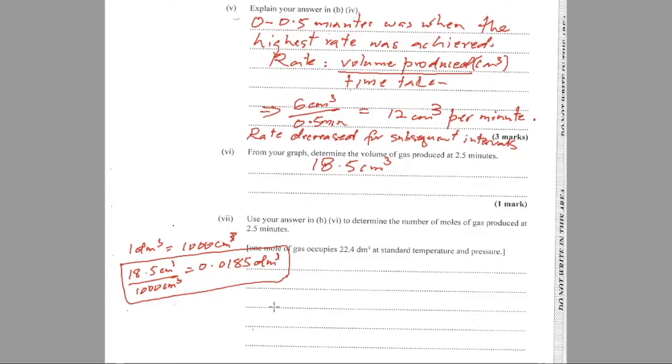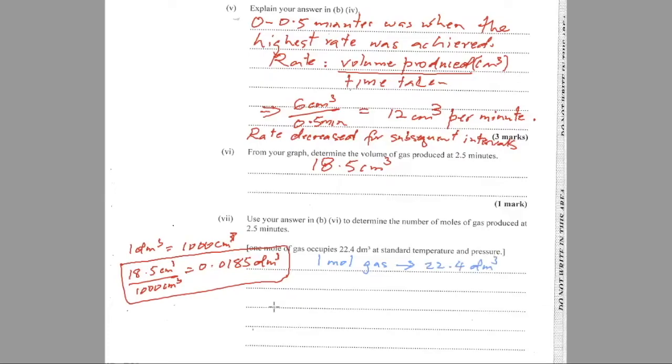Then we'll have our statement of fact, which states from what we're given, 1 mole of the gas we're concerned with, any gas as a matter of fact, occupies 22.4 dm cube.